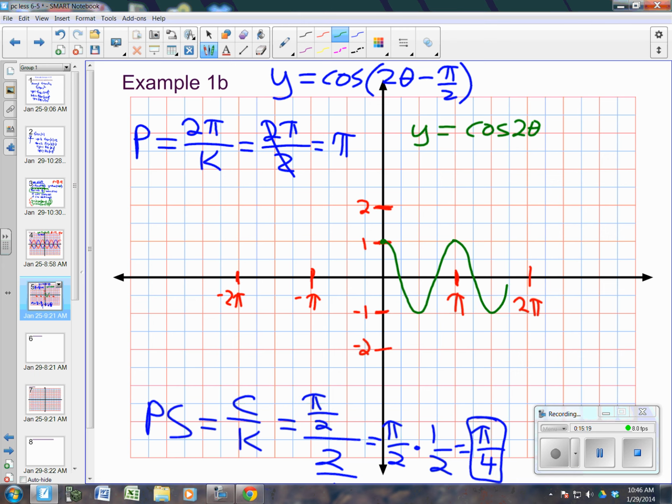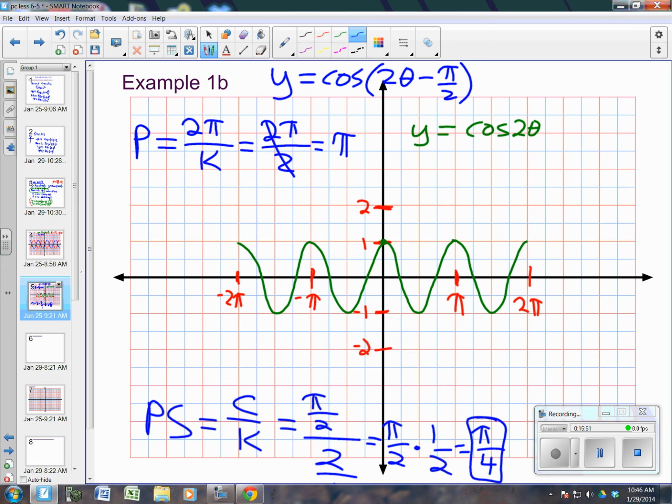For me to be able to see the phase shift, I like to graph it before it shifts. Okay, that's what it looks like before we shift it, but with the period change, right? You guys understand that? Okay, so now the blue one, I'm going to shift it.